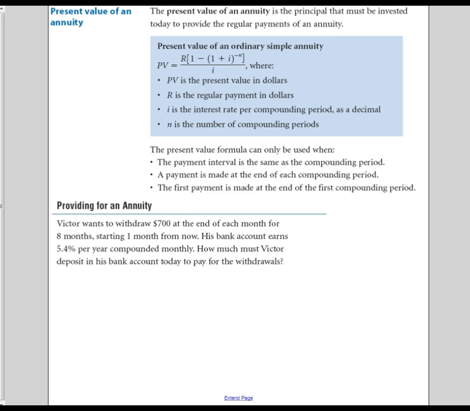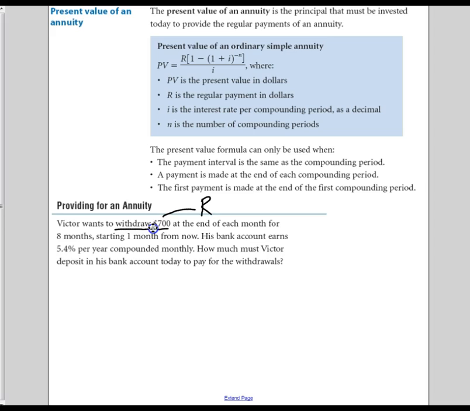So just looking at some applications of this, there are different scenarios where you're going to be using the present value. Some might involve retirement savings, some might involve a certain payout for a contest, some involve loans. In this case, providing for an annuity is an investment. So the $700 is the withdrawal, so that's going to be your R value.